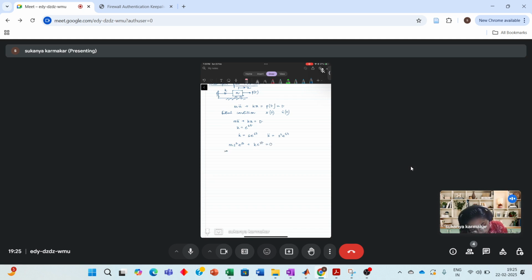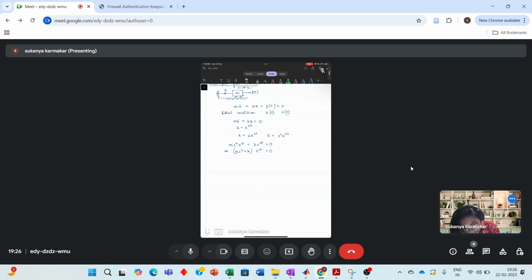So here I can write m s square plus k, taking e to the power st common, is equal to 0. Now here either e to the power st is 0 or the term in the brackets is equal to 0. If e to the power st is equal to 0, it means my solution x is 0, but we want to get a solution.